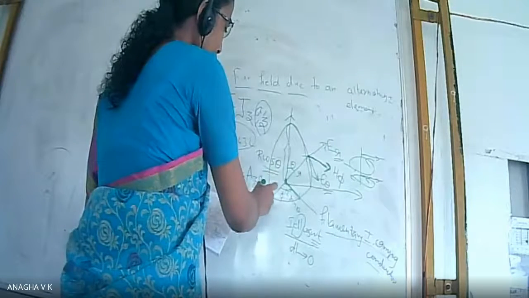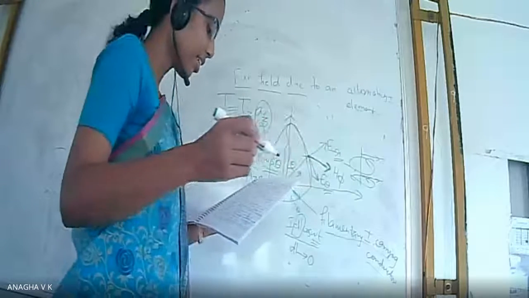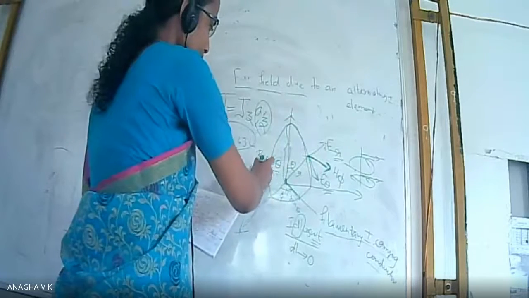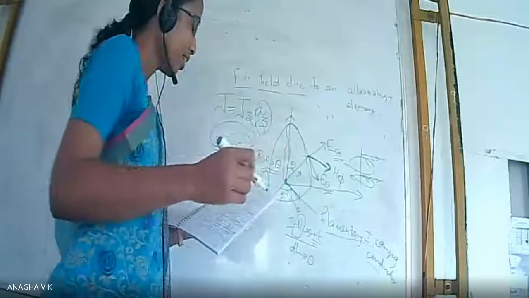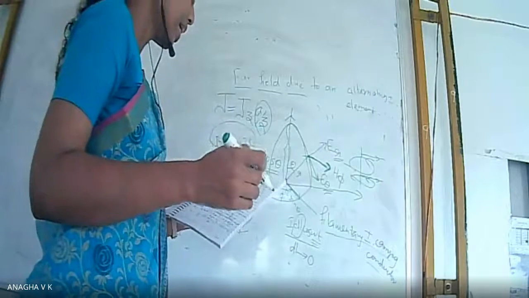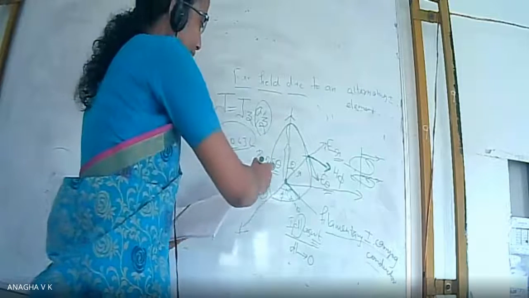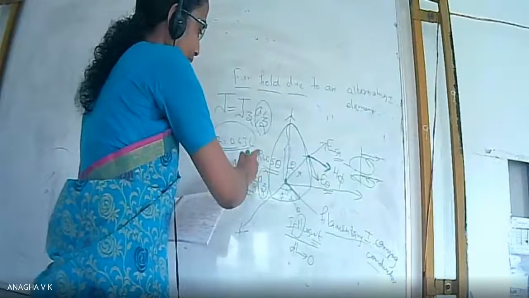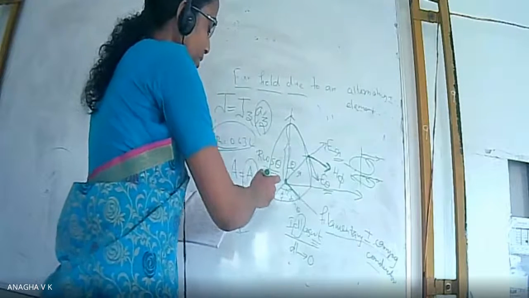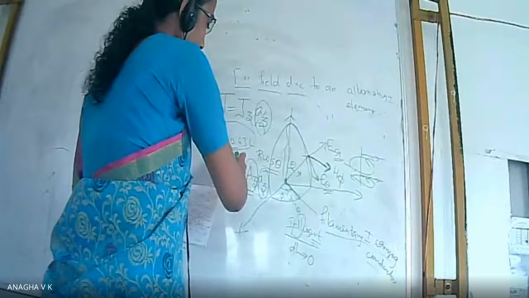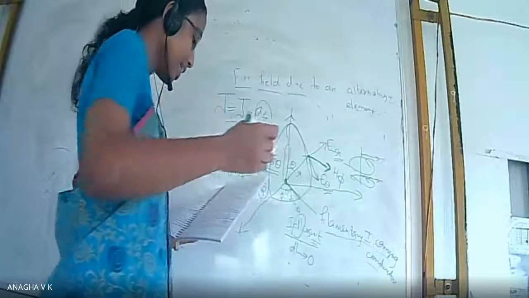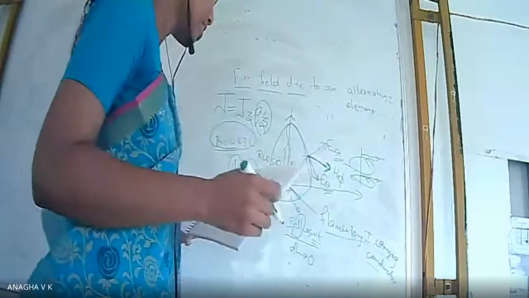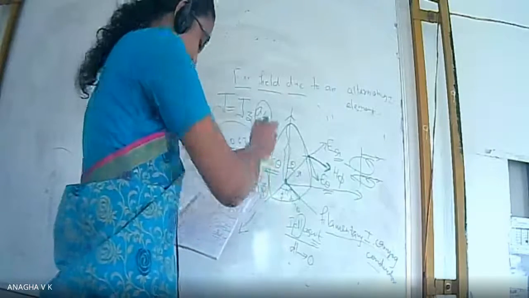Az is the unit normal vector in the z direction, and the magnitude into the unit vector gives the vector magnetic potential. So the vector magnetic potential is nothing but Az into Az.